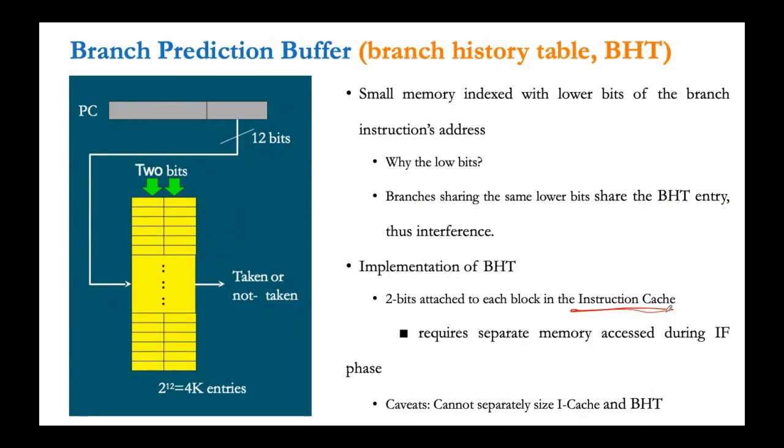In that instruction cache memory, where do you find it? The general instruction cache memory we find in two different stages, right? Without dividing the instruction cache memory, in which stage of your pipeline do we find this instruction cache memory? Can you please give the answer in the chat box?